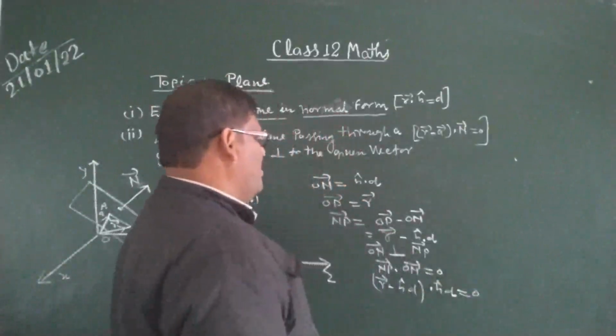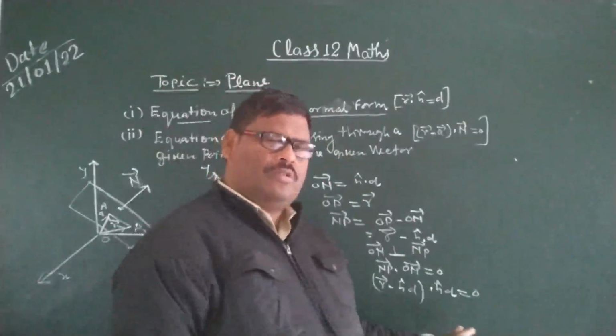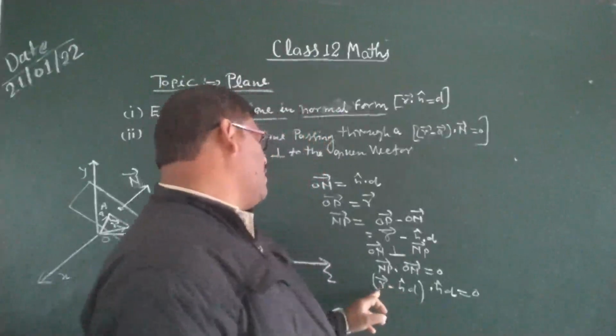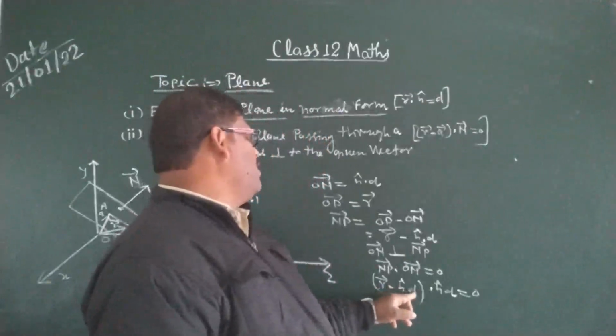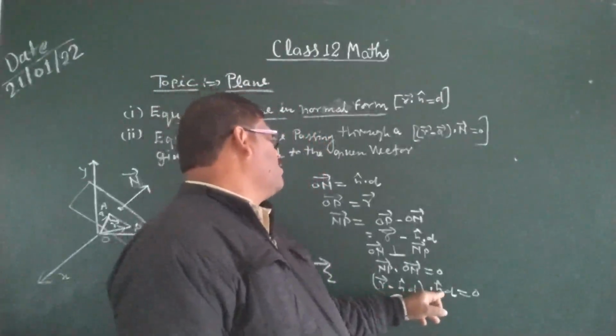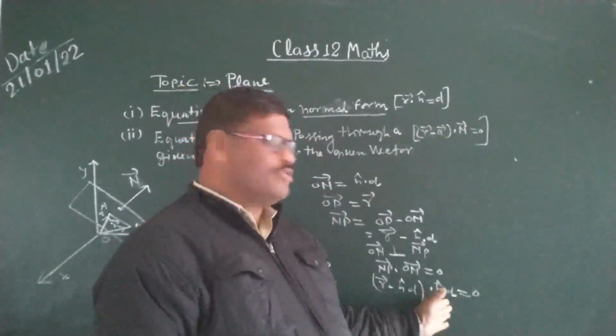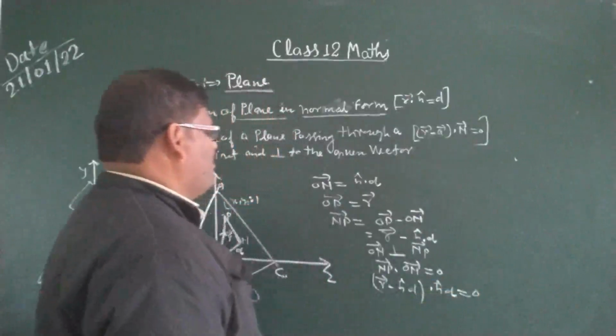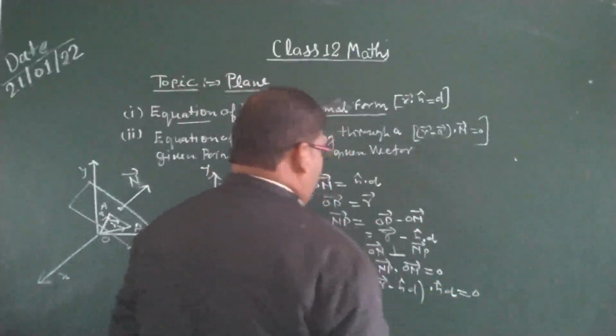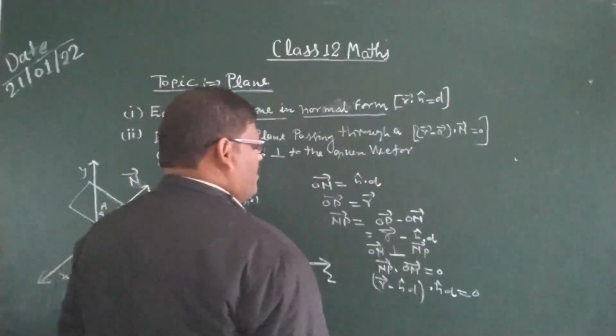Now the product of the vector (R minus n cap D) dot n cap D is equal to 0, but D cannot be equal to 0.